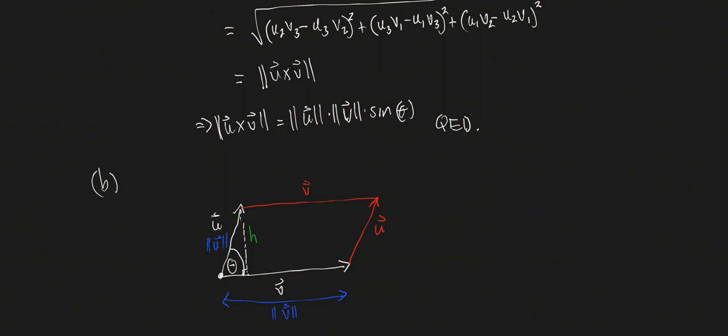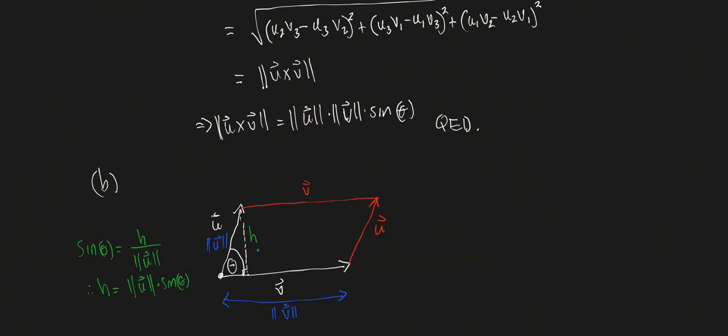So I have to ask myself, what ratio gives the relationship between the opposite side and the hypotenuse? That's the sine. So I could say that the sine of theta is equal to H over the magnitude of U. Therefore, H is the magnitude of U times the sine of theta.